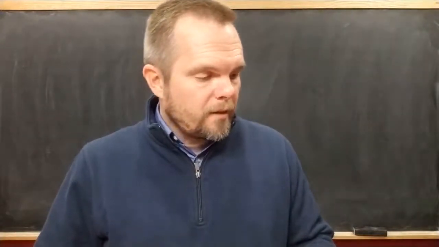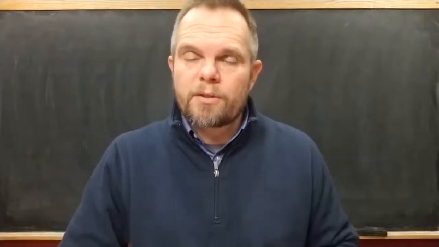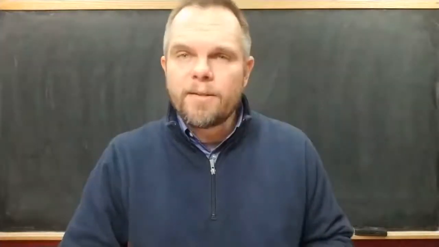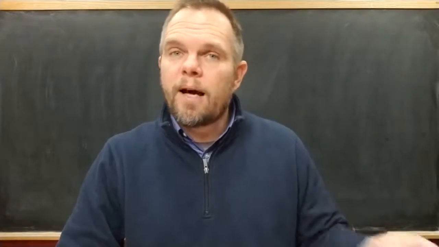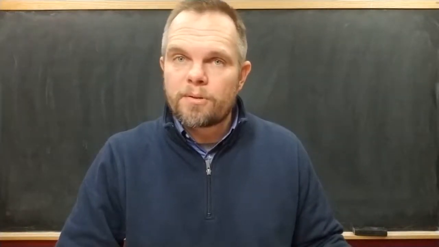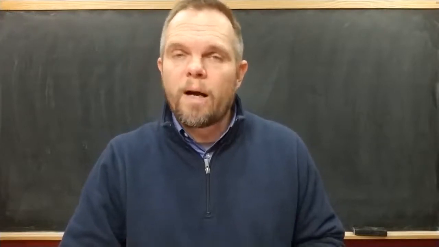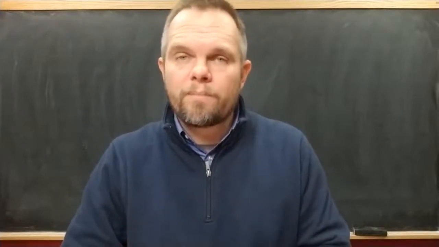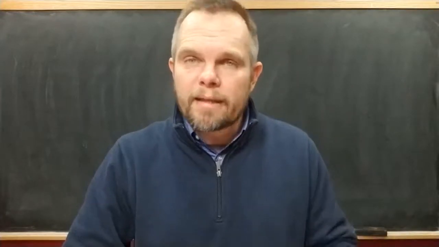Next, the letter Y. In English, the letter Y is a consonant when it stands at the beginning of a word or syllable. So the letter Y can be a consonant in some syllables and a vowel in other syllables. When it stands at the beginning of a syllable or at the beginning of a word, it's a consonant.